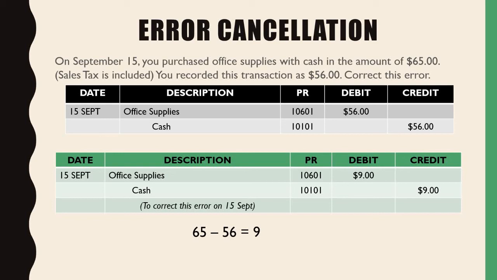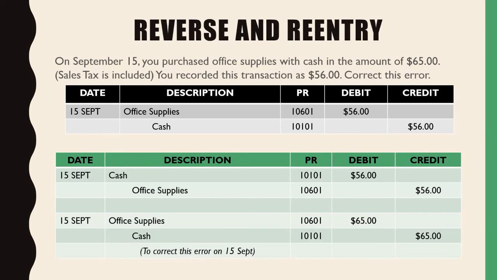So the best bet, and the one you should use, is reverse and re-entry, because it gives you a clear depiction of what you're doing. It says you did the wrong entry. You're reversing the entry, so it's zeroed out completely, and then you're re-entering it for the correct amount.